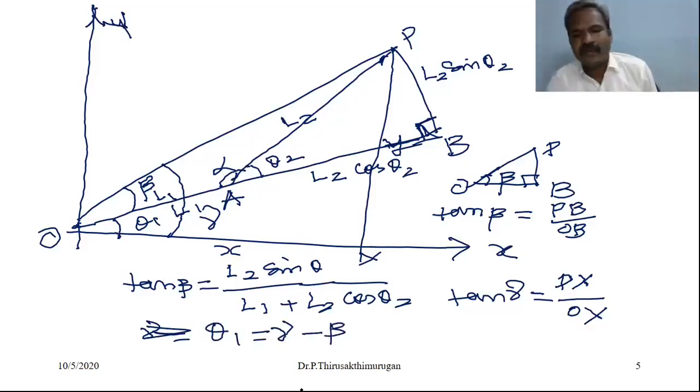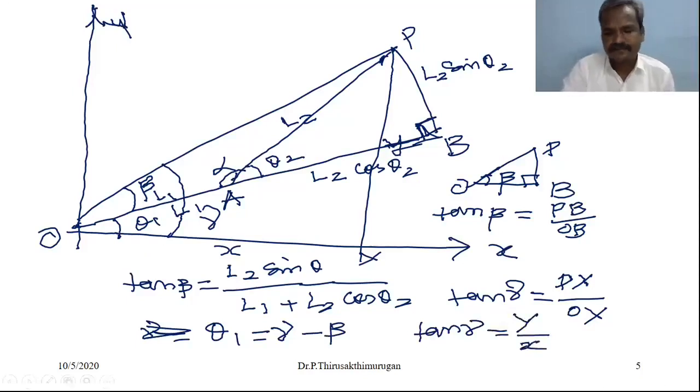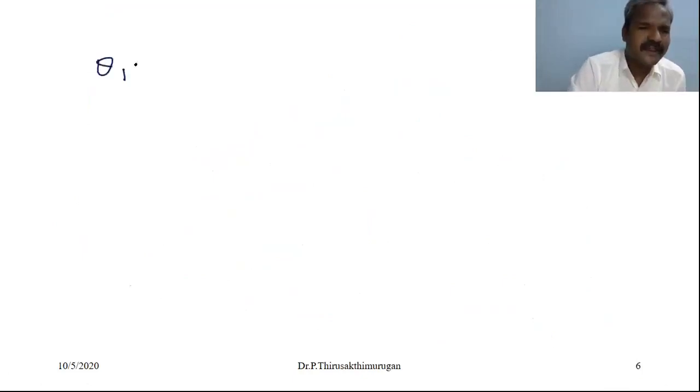So what is tan gamma? Tan gamma equal to y by x. Now, what is theta 1? As we have seen, theta 1 equal to gamma minus beta.